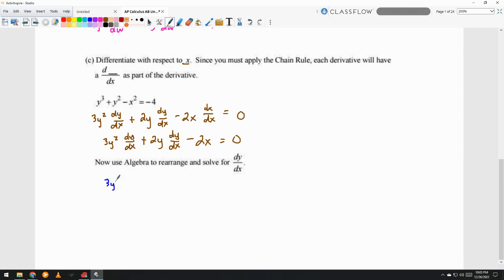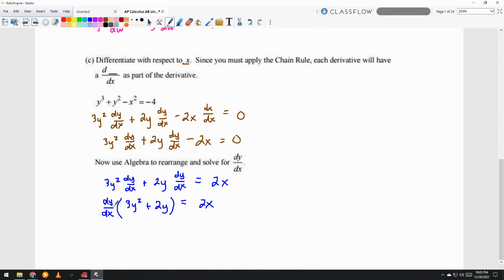So we have 3y squared dy over dx plus 2y dy over dx, and then we're adding the 2x to the other side, so we get positive 2x there. Now we have two terms that have a dy over dx in them, so we can factor that dy over dx out to the front. That leaves us with 3y squared plus 2y. You could have also taken out a y if you wanted to, but that's not really going to be helpful to us.